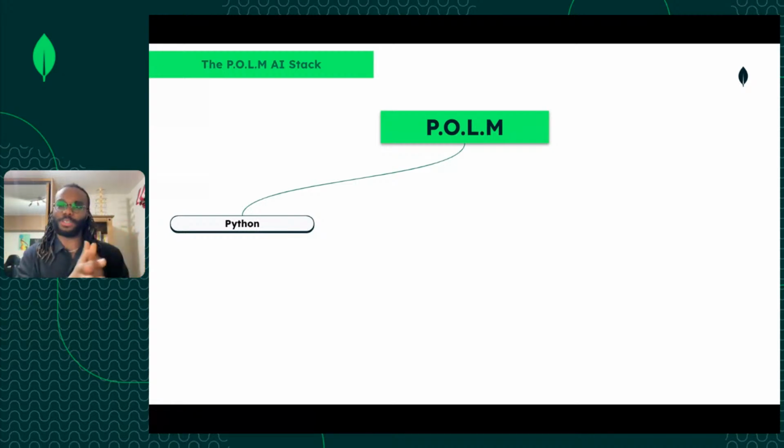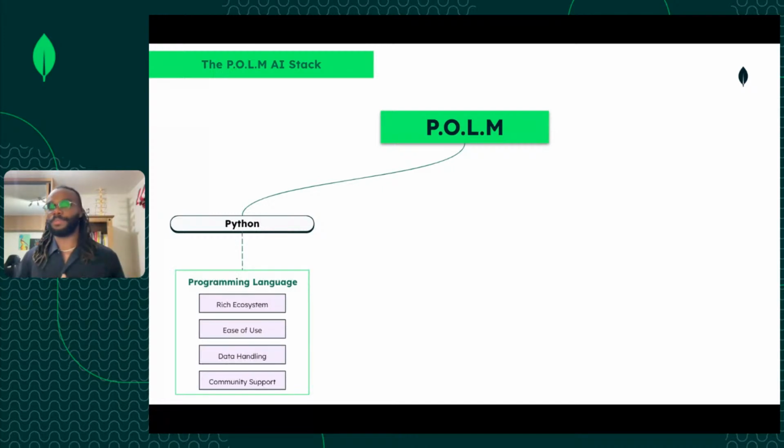We're going to be using TypeScript and JavaScript as well, but focusing on the AI aspect and not the web aspect, we're just going to be using Python. And why are we using Python? Well, Python is a very familiar programming language to most developers. It has a rich ecosystem of libraries and integration. It's easy to use. The syntax is really easy to pick up, and it's not complicated.